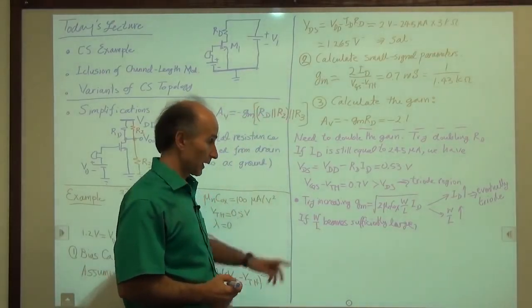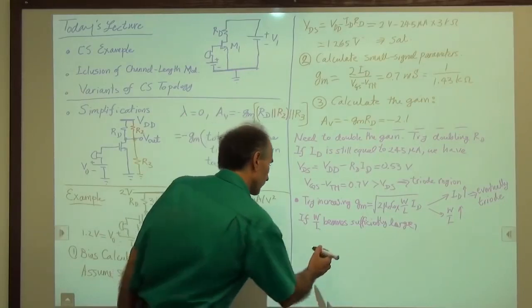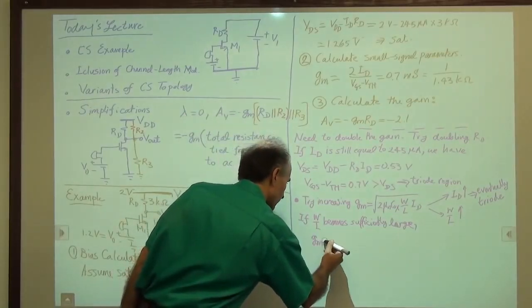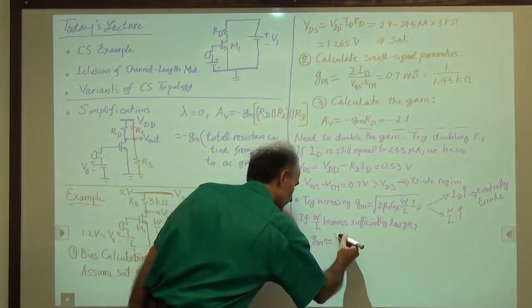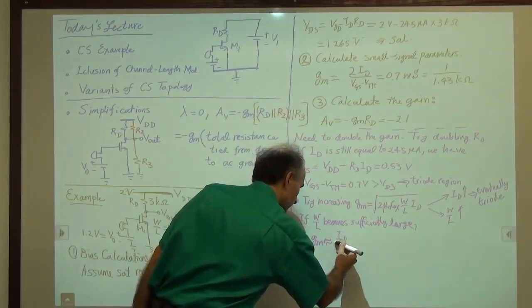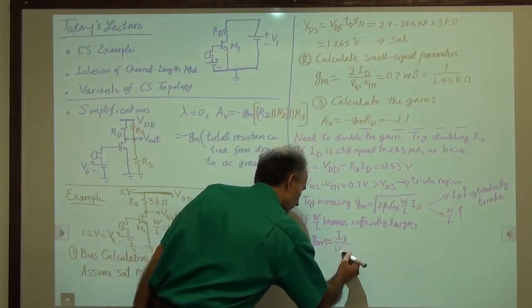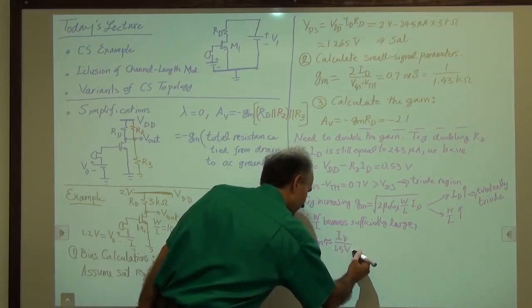Okay, in fact, we have to change it. The GM becomes approximately equal to ID over 1.5 times VT.